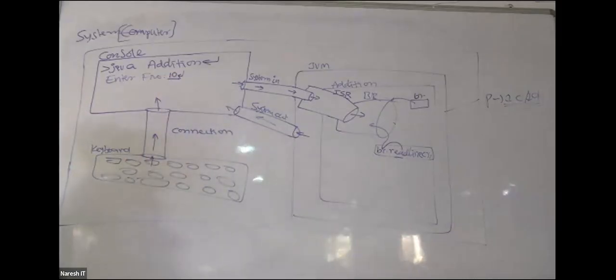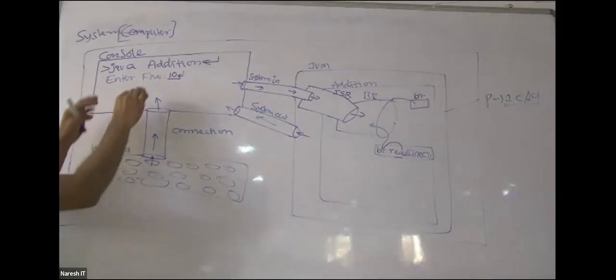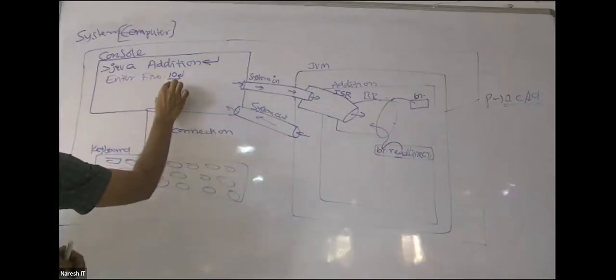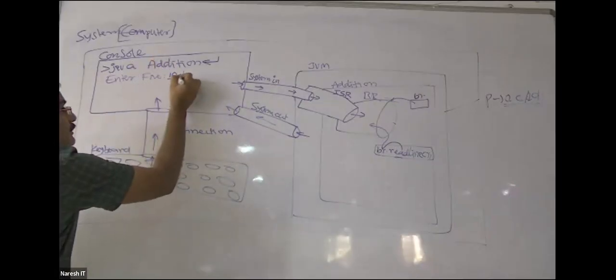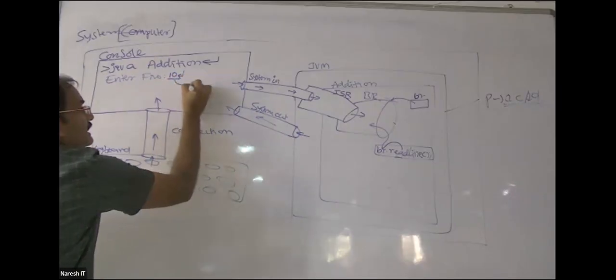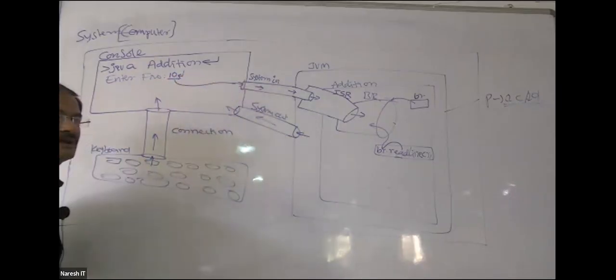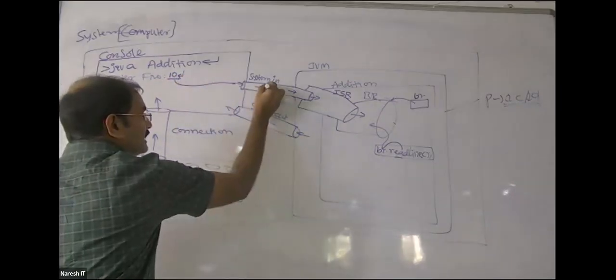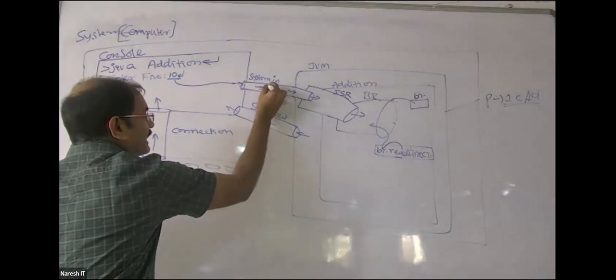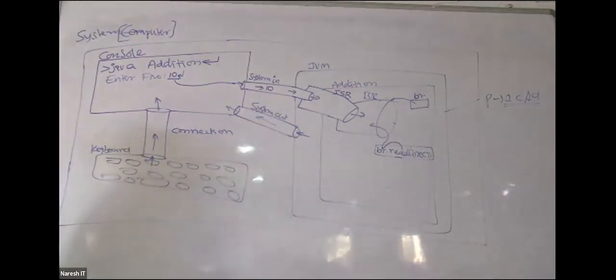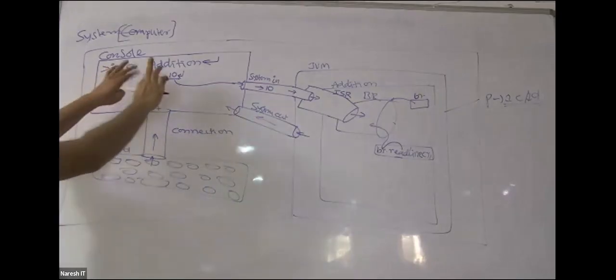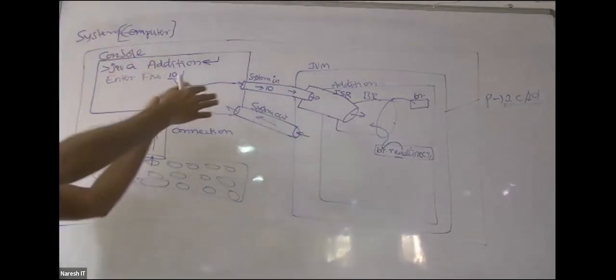The enter key is nothing but the newline character. So tell me, just by typing 10, it is not going into the program. 10 and also what? The enter key. Now the data goes into System.in. Into System.in goes only 10 and the enter key character. Whatever you typed on the console, everything will go.